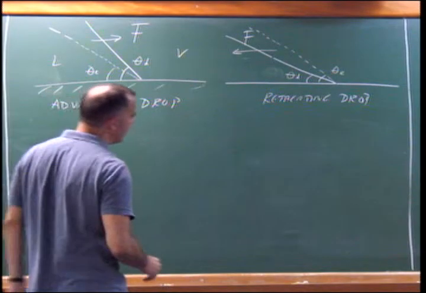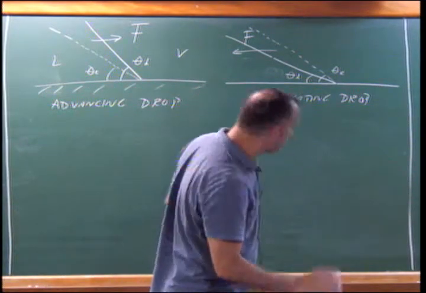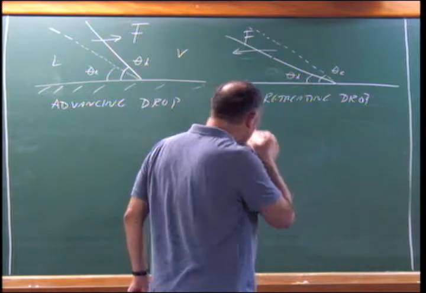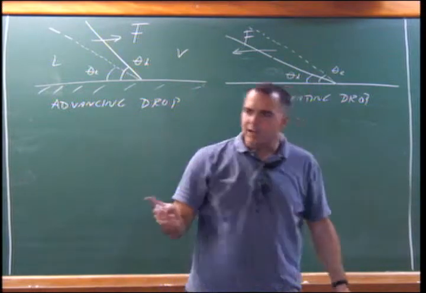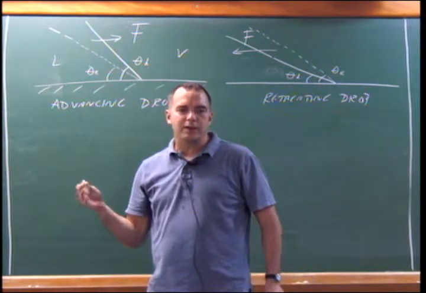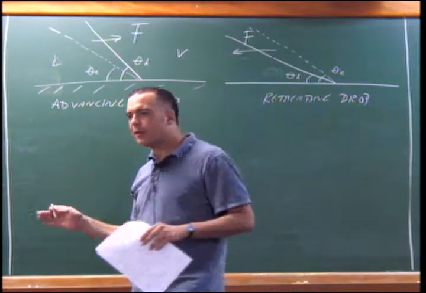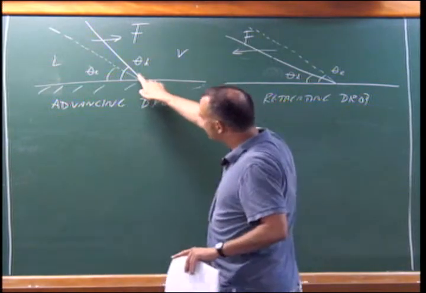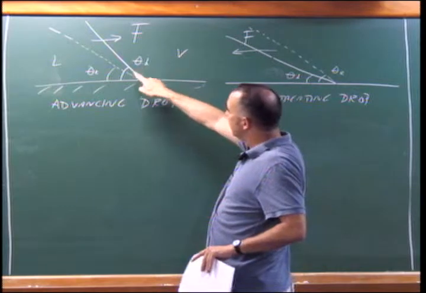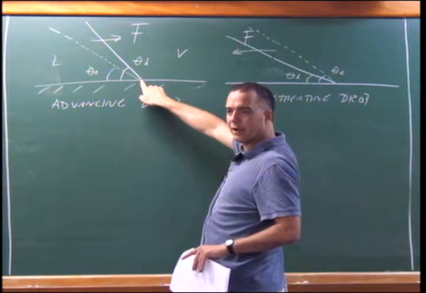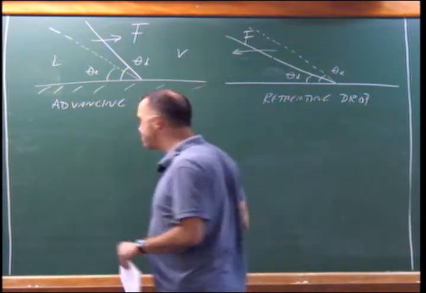What's the force of traction pulling the contact line? We know that theta E represents the equilibrium value, so if it's at theta E, then there's an equilibrium at the contact angle. But because theta D is other than theta E, there's a net force acting on the contact line.